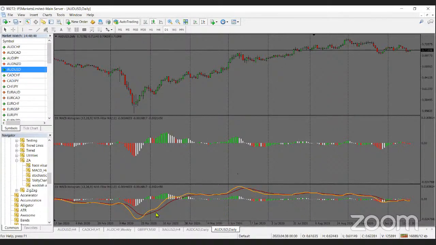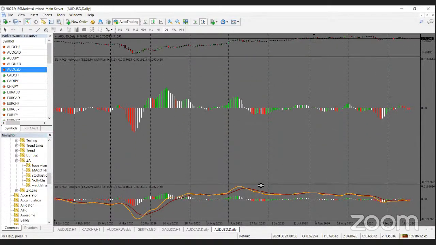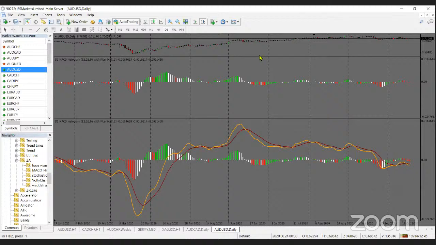You have the histogram part, the signal line, and the moving average. Personally, I would do away with the moving average and the signal line. I don't really trade those. Some of you might want to, just that I don't. I will plug both on screen to let you know the difference.